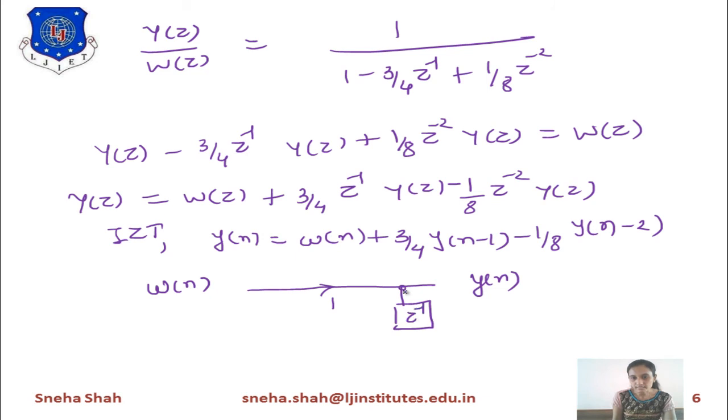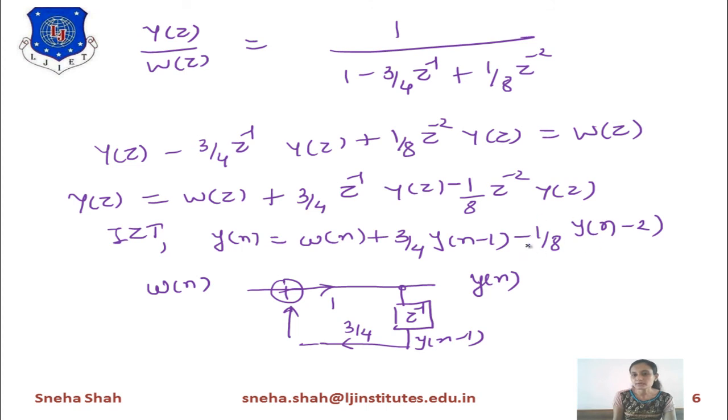So y of n goes into this delay unit, and it gives the answer y of n minus 1. This gets multiplied by 3 by 4, so from that part we multiply by 3 by 4. This gets added with this w of n, and because of the summation of these two terms, it gives the final answer y of n, right?